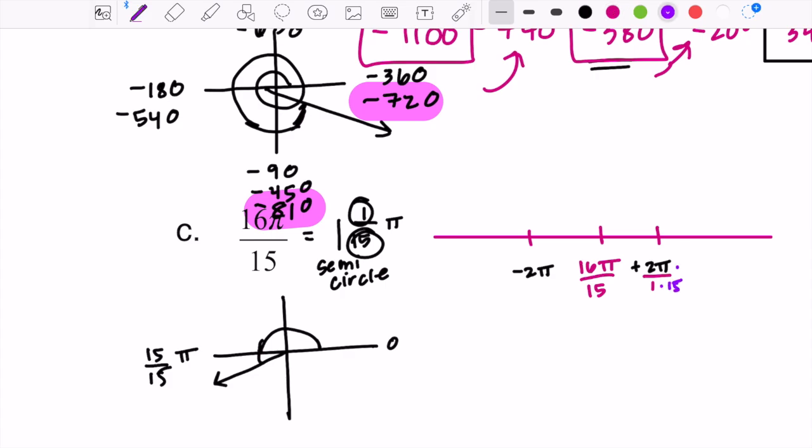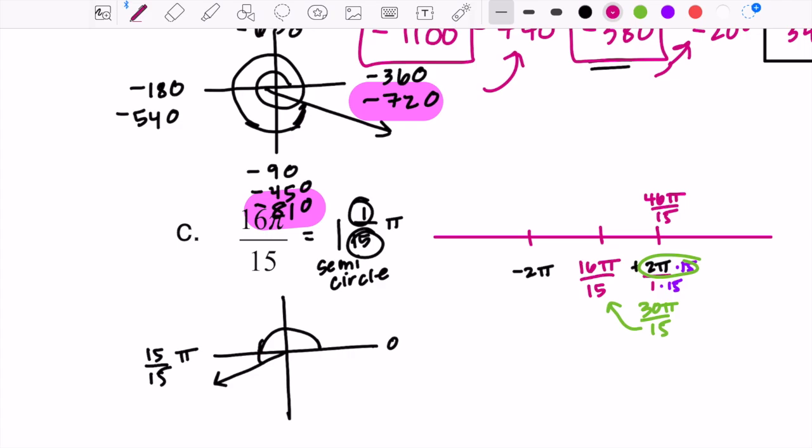We're combining like terms, so these have to have common denominators. So really what we're doing is we're adding 30 pi over 15 to 16 pi over 15, which ends up giving us 16 plus 30 is 46 pi over 15, okay? Which is positive.